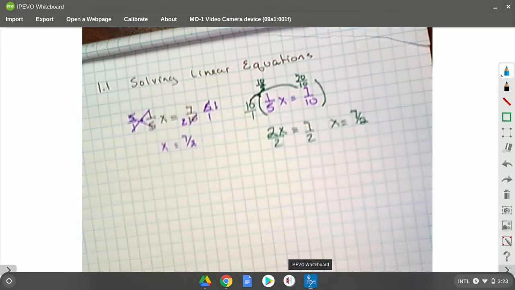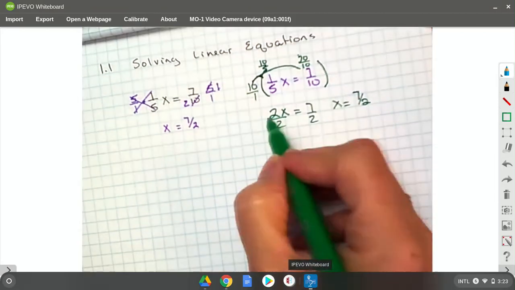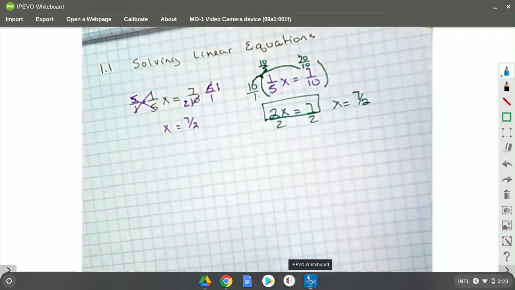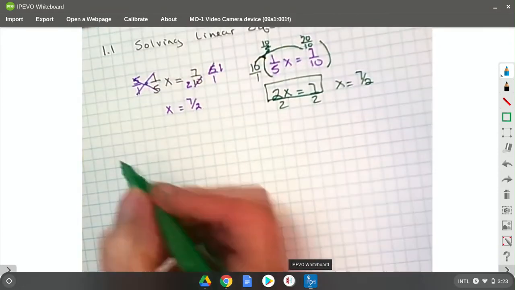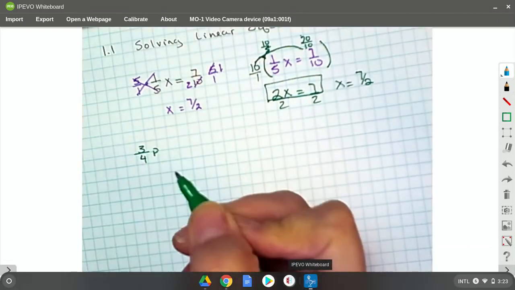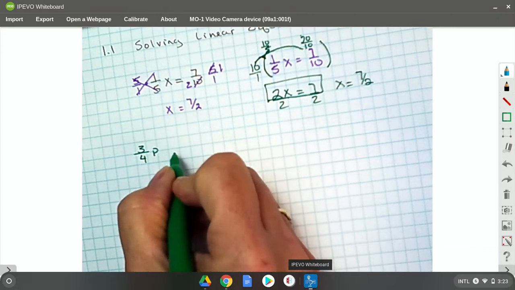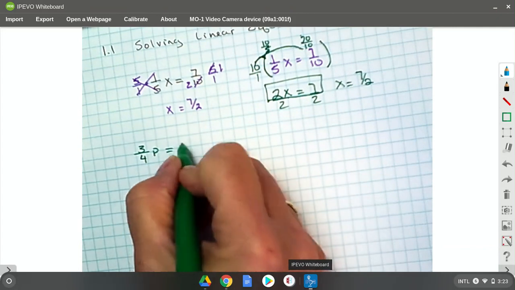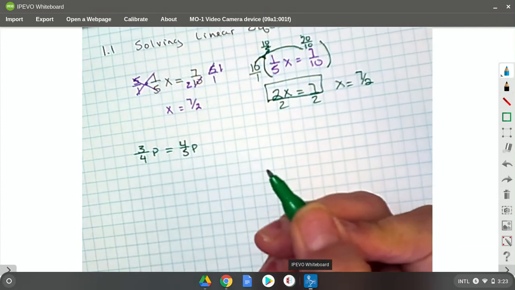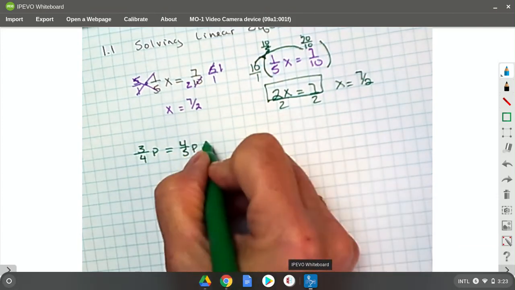You can eliminate that fraction by distributing across both sides into every single term your least common denominator. Let's say that I have 3/4 p equals 4/5 p plus 1/2.